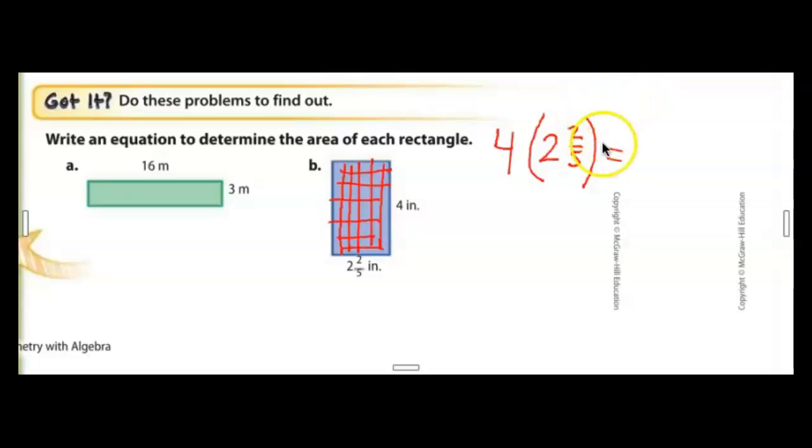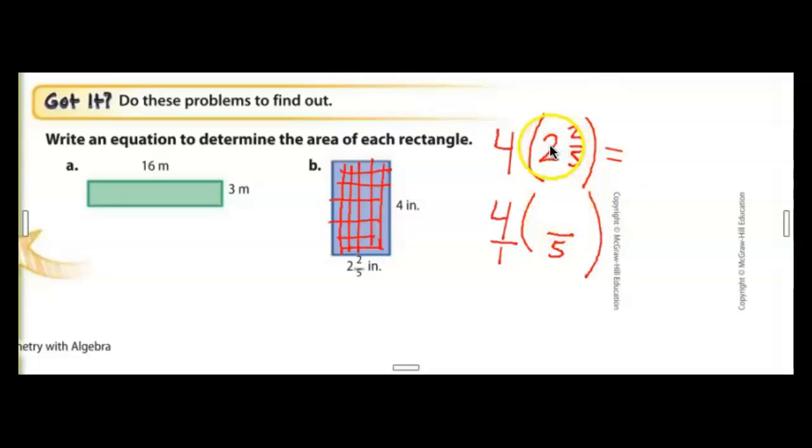All right, the first step that you need to remember when you're multiplying a mixed number and a whole number is you have to change this into an improper fraction. So it's going to be 4, and actually this also has to be an improper fraction. So 4 over 1 times. Now the denominator stays the same, so this is going to end up having a 5 as the denominator. But what's the numerator going to be? Go ahead and tell me that, please.